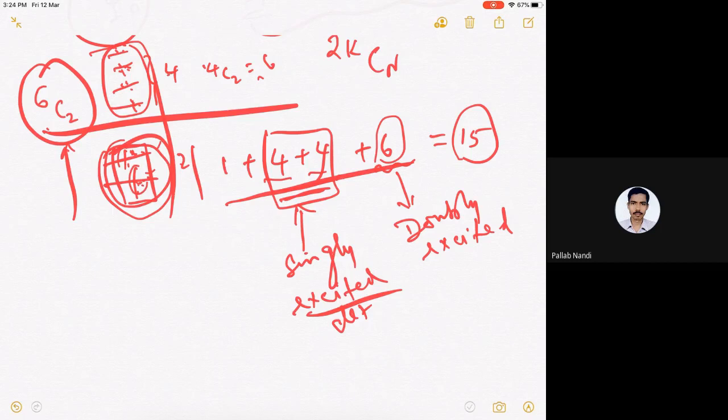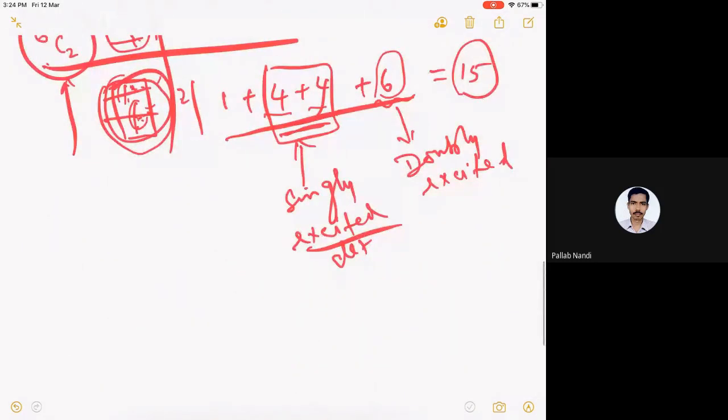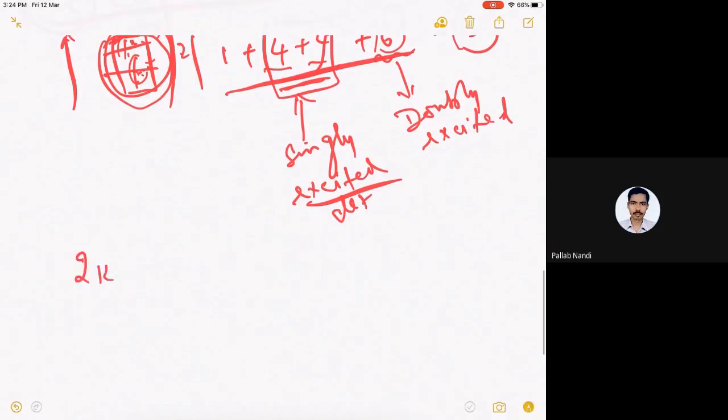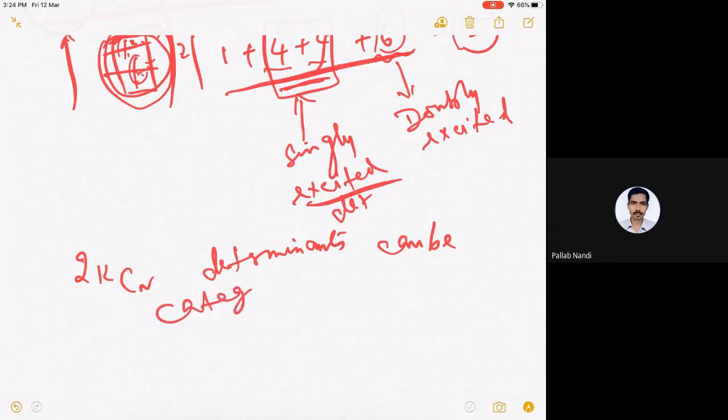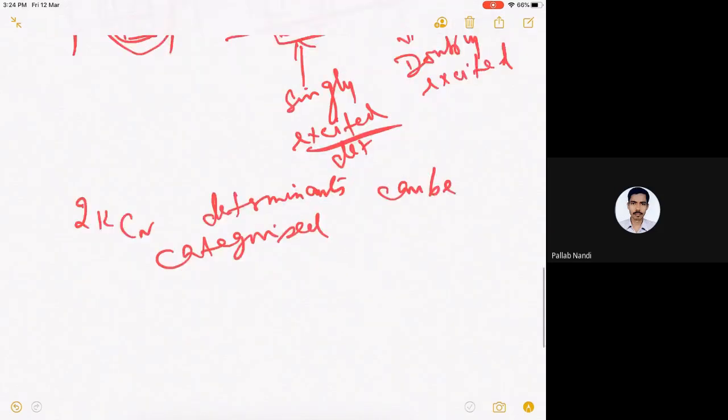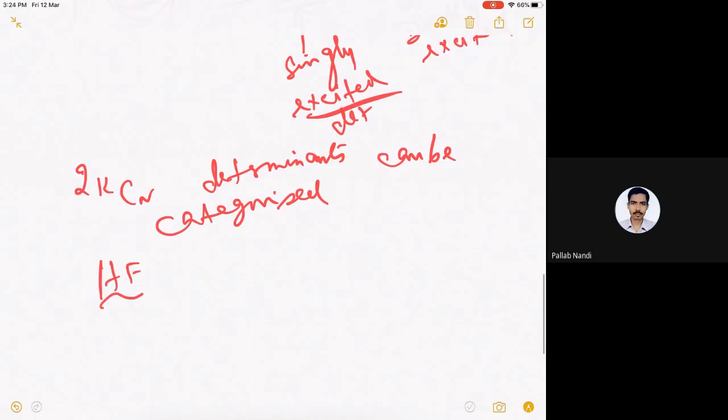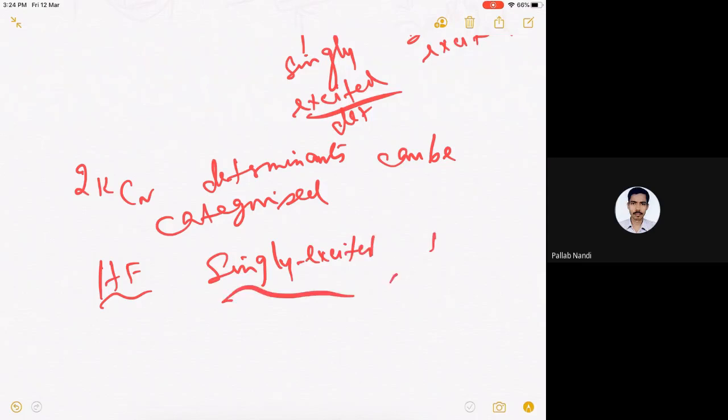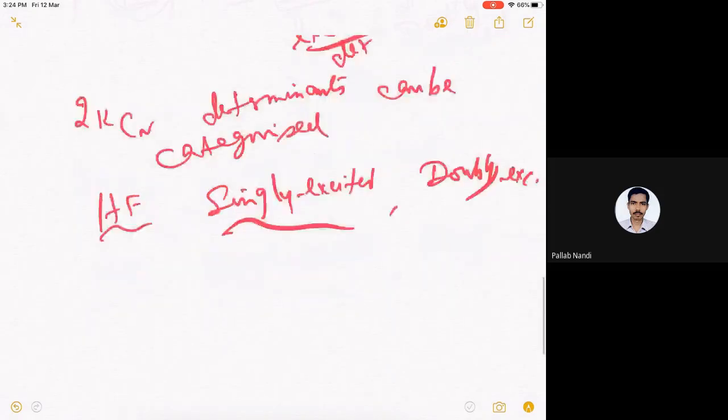So if you look at it in this manner, just like I did for this simple problem, all 2kCn determinants in a Hartree-Fock basis can be categorized in the following manner. Hartree-Fock, then all singly excited, all doubly excited, and so on.